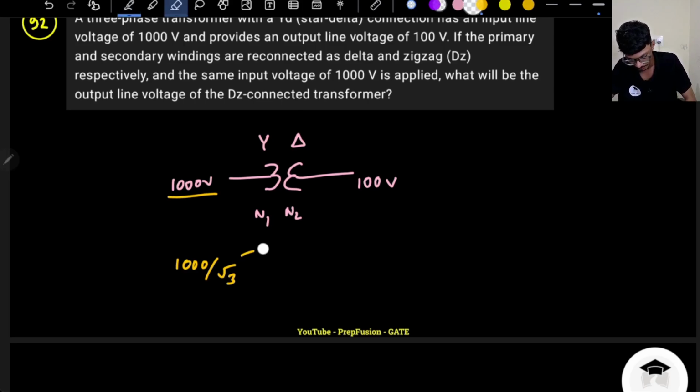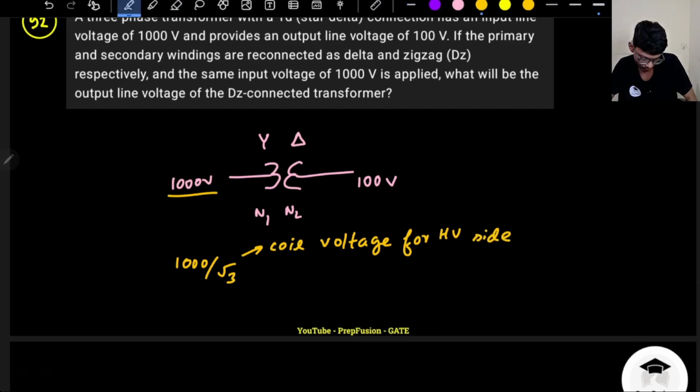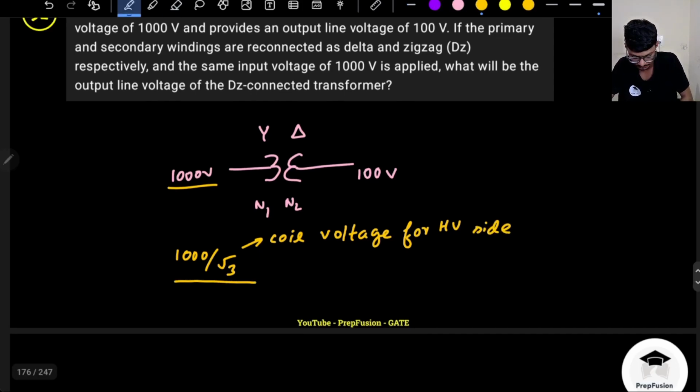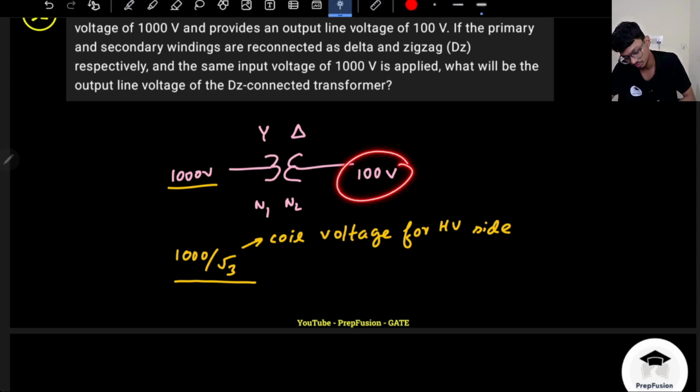So this is the coil voltage for the HV side, divided by the coil voltage of the LV side.